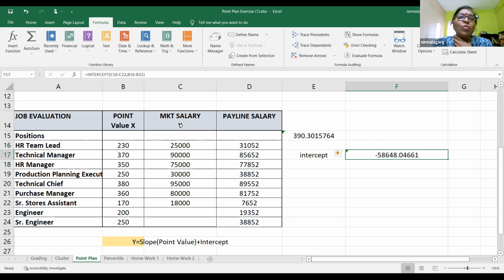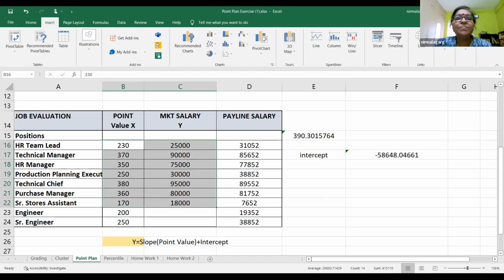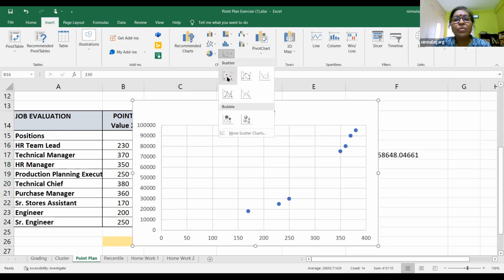Now, let me also do it for you statistically. So what will you do first? I hope everybody is able to insert, then do this, then do this.